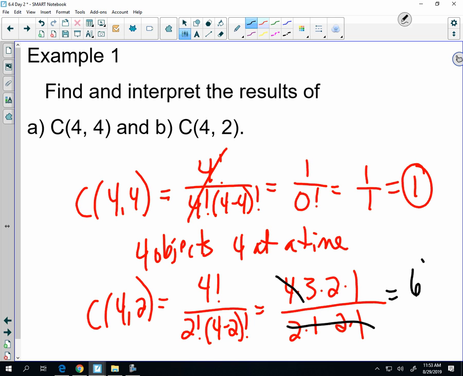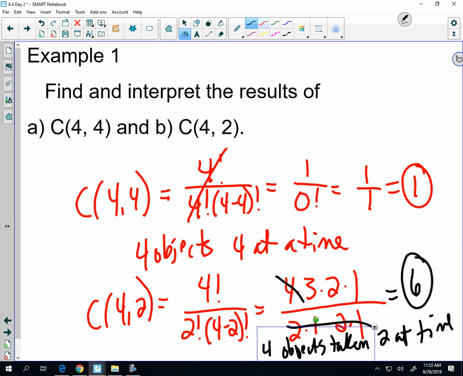So the answer is 6. And this would be 4 objects, and you are taking 2. I like to say 4 choose 2, like you're choosing 2 out of 4 things. So if you had 4 people, but you wanted a group of 2, there are 6 ways that you can do that.